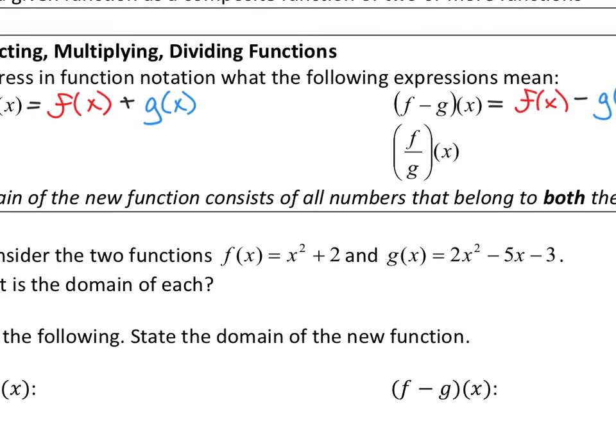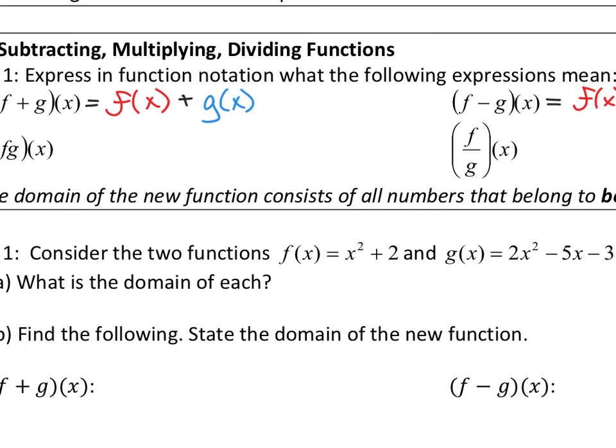Okay, for multiplying, it kind of makes sense again. You're just going to take whatever the first function is and multiply it by, or stick it right next to in parentheses, the g of x function. So whatever the first function is, multiplied by the second function, and simplify if possible.